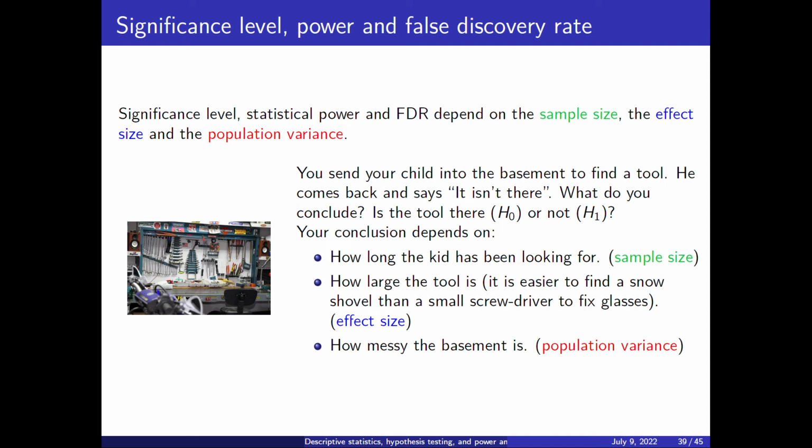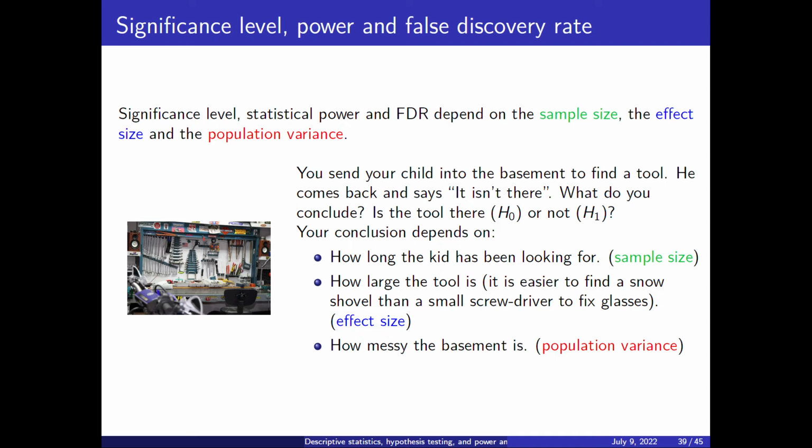And the other ingredient of the problem is how messy the basement is. So that is the population variance. If the basement is very well organized, then it will be very easy to find your tools. But if the basement is very unorganized, then it is much more difficult to find your tools. That is the population variance.